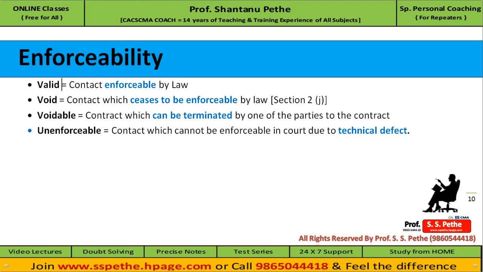The first type is valid contract. This is a normal contract. A contract which is enforceable by law is a valid contract.